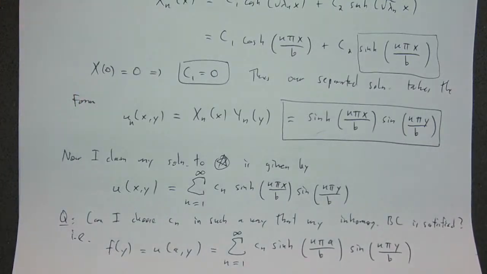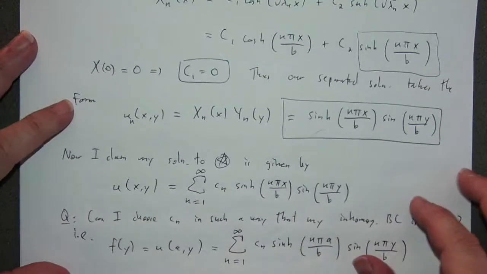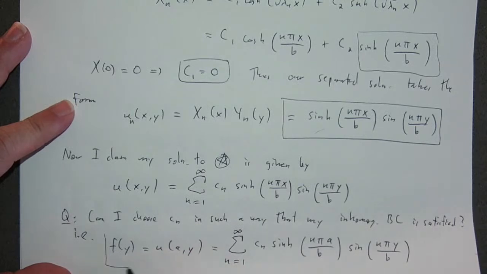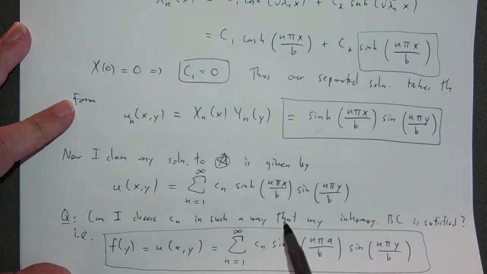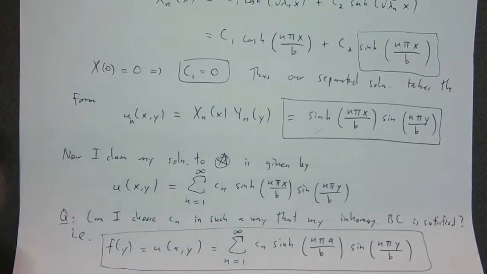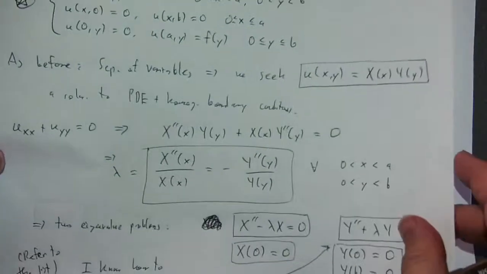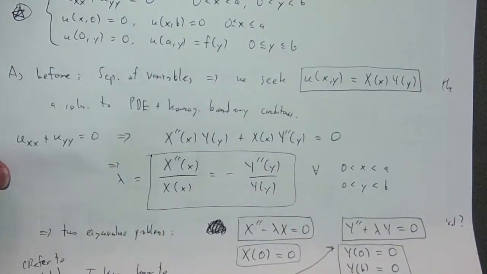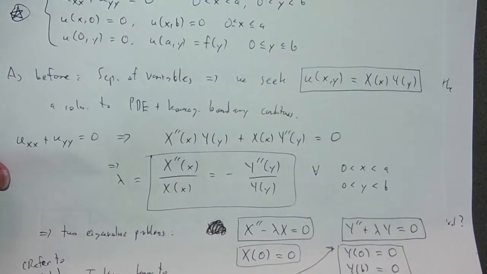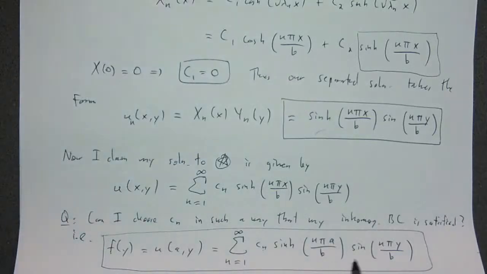Okay. So can I find coefficients c sub n that make this expression hold, so that this function f of y I'm given as my boundary condition function for this piece, the right end, can be written in this form?